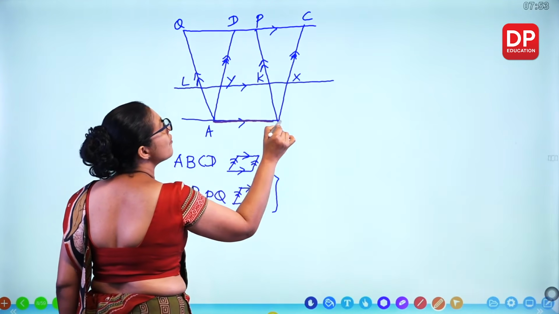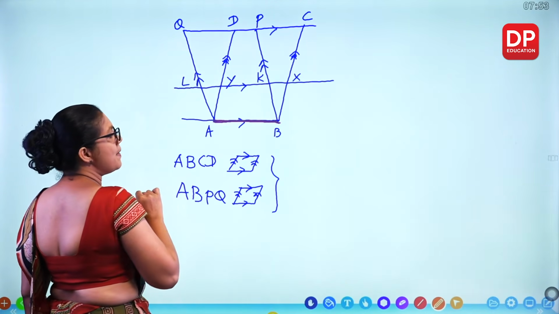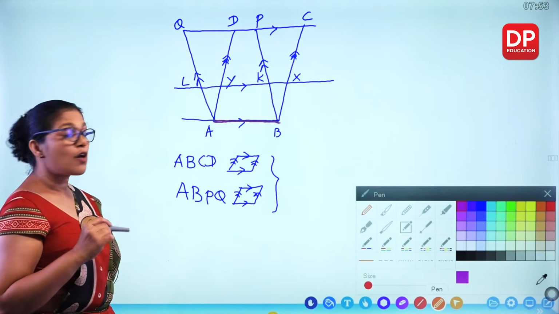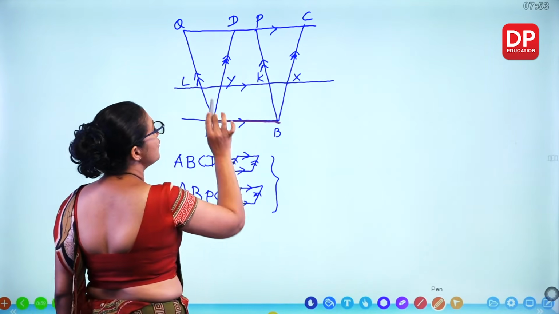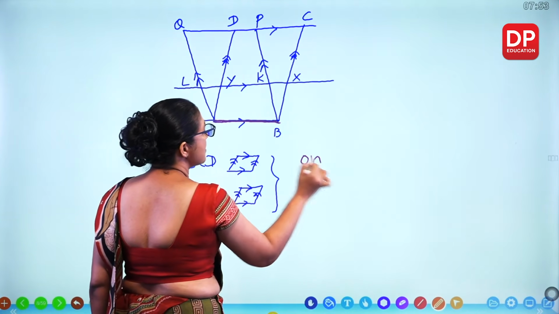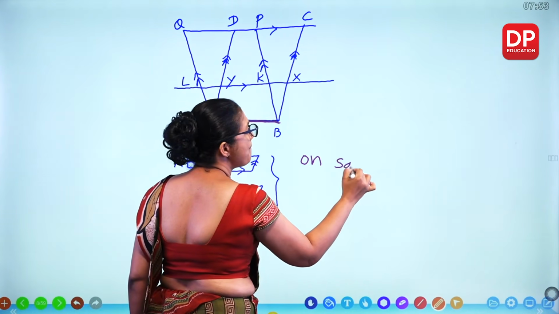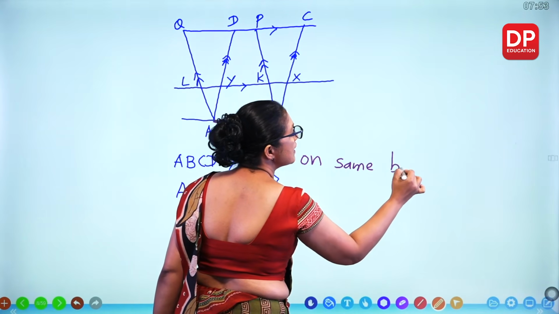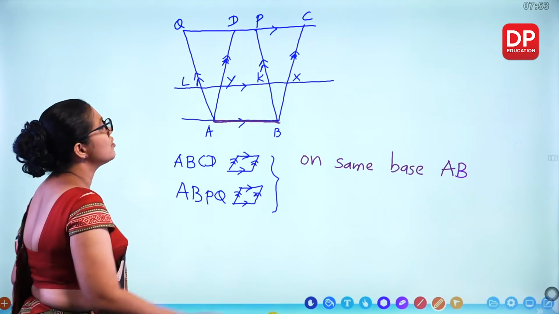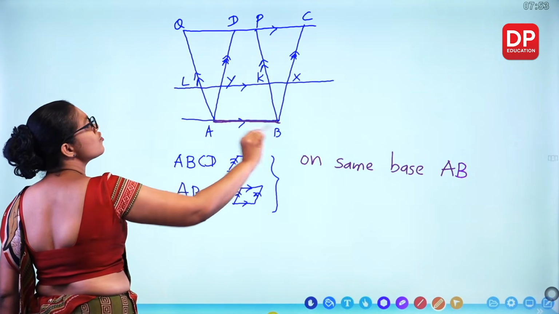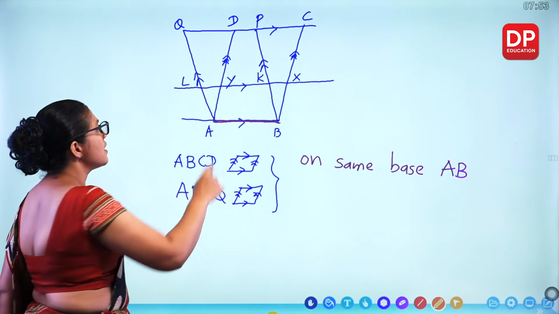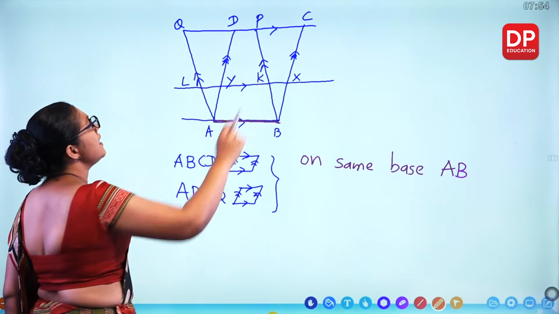I'll draw with another color. AB is the common base. So we can write down both these parallelograms are on the same base AB, and also when you look at these two parallel lines, both are in between those two parallel lines AB and CQ.